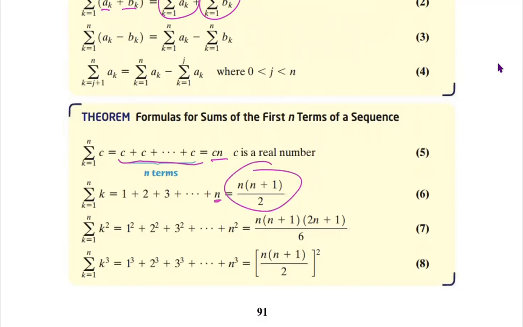So that's a formula that we can use at any point, because this is really also demonstrated.